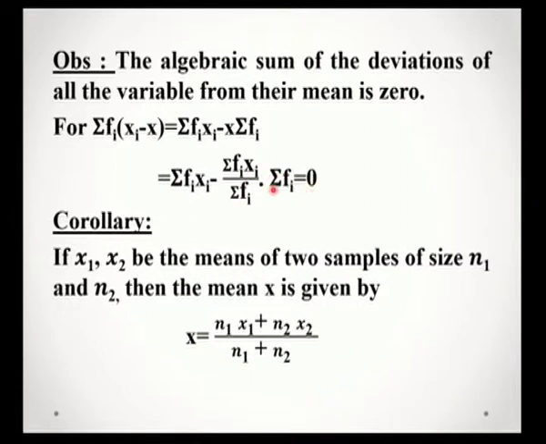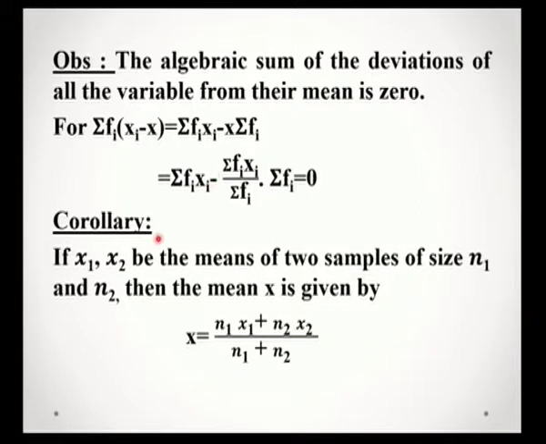Here in this equation, this summation of fi will get cancelled with this summation of fi. So, the remaining thing is summation of fi xi. So, this is subtracted from summation of fi xi, which is equal to 0. This is how equationally the algebraic sum of the deviation of all variables from their mean being 0 is proved. This is the observation from the arithmetic mean.